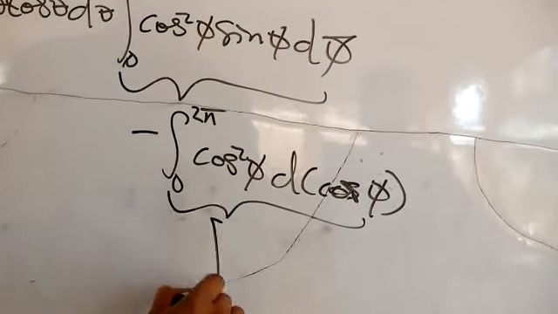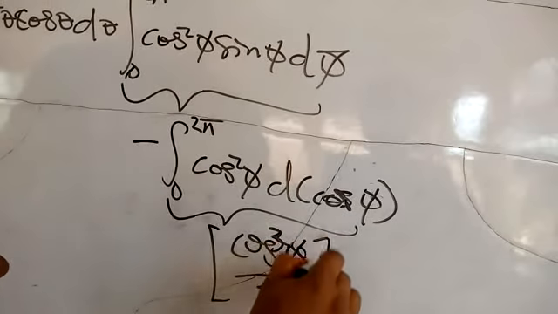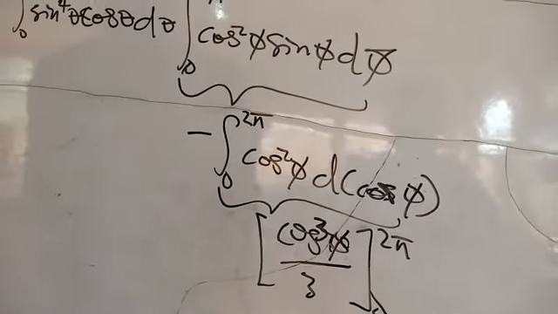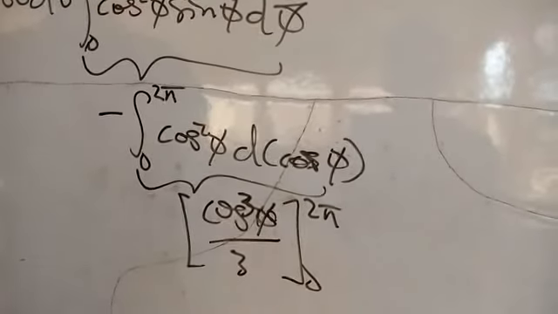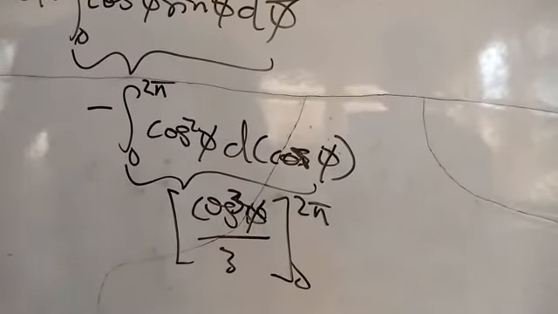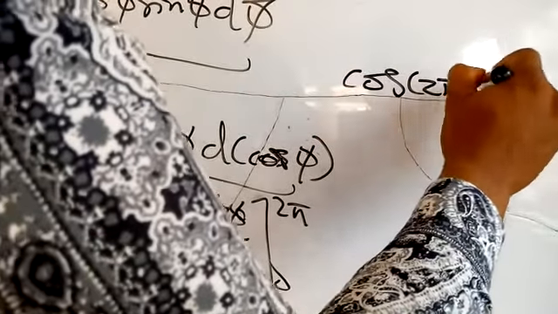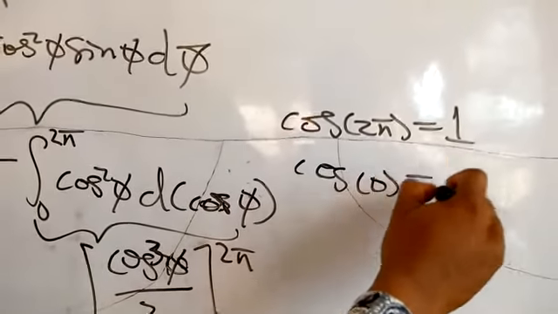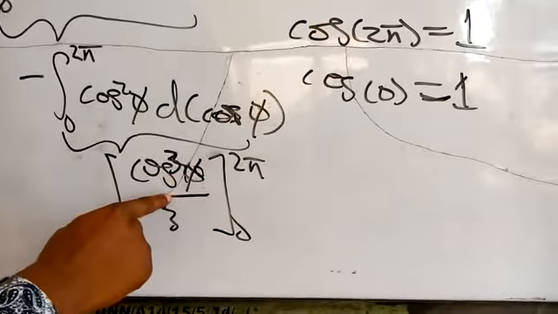And this in return will mean cos cubed phi all over 3, from 0 to 2 pi. Cos 2 pi isn't 0, please, cos 2 pi is 1, then cos 0 is equal to 1 as well. So in the end, I am going to have some 1 minus 1.